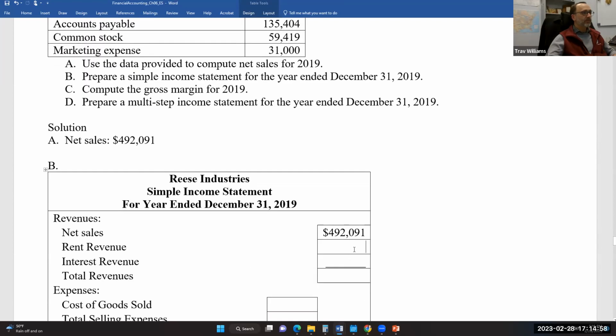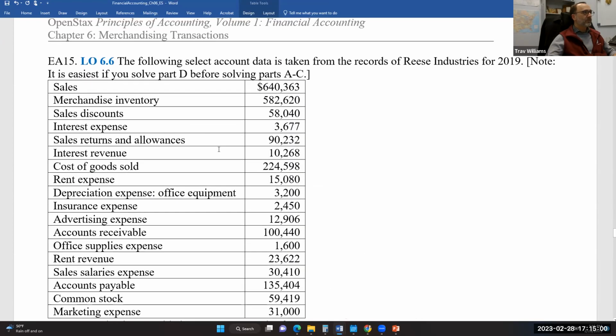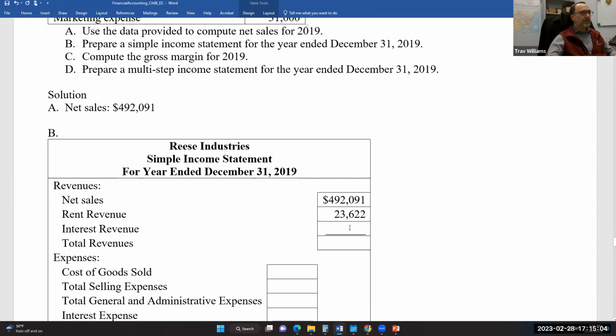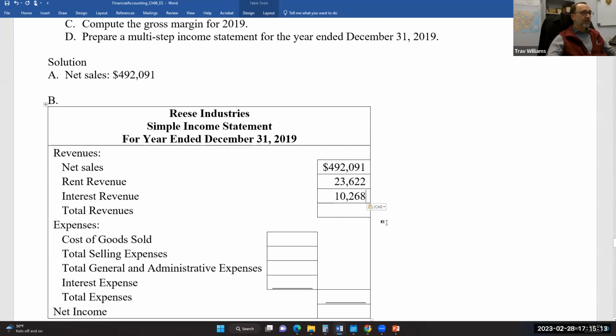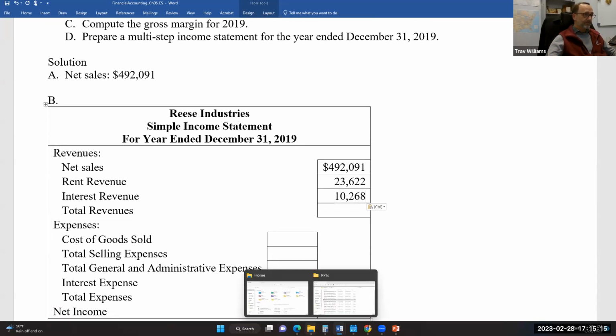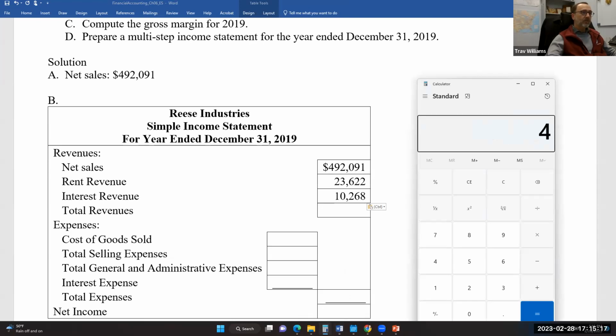Rent revenue, interest revenue. So it's all the same information, it's just formatted differently. So the net income is going to come out the same, but just things are in a different order and there's not as much detail in this particular simple income statement. Okay, so in this case, all of our revenue is together at the top.